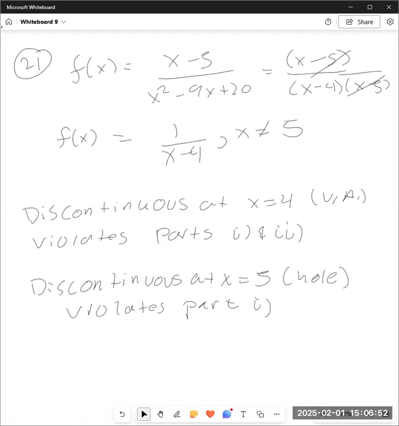The limit will exist there, the function value will not. So it's continuous on negative infinity to 4 union 4 to 5 union 5 to infinity.